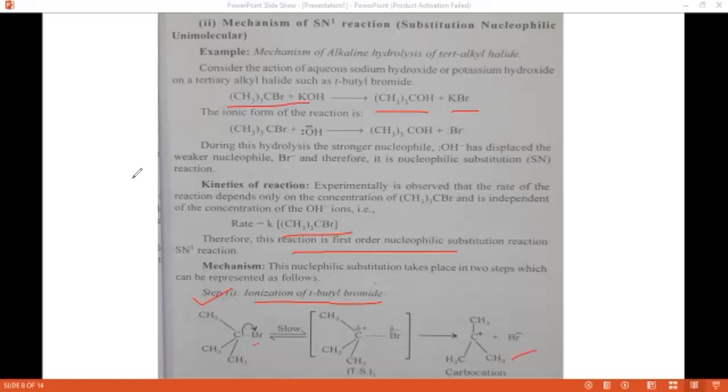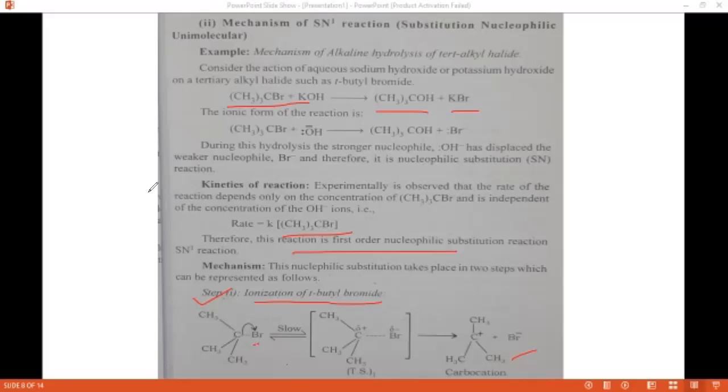So bromine withdraws electron density from the carbon atom, and the carbon-halogen bond is a polar bond.